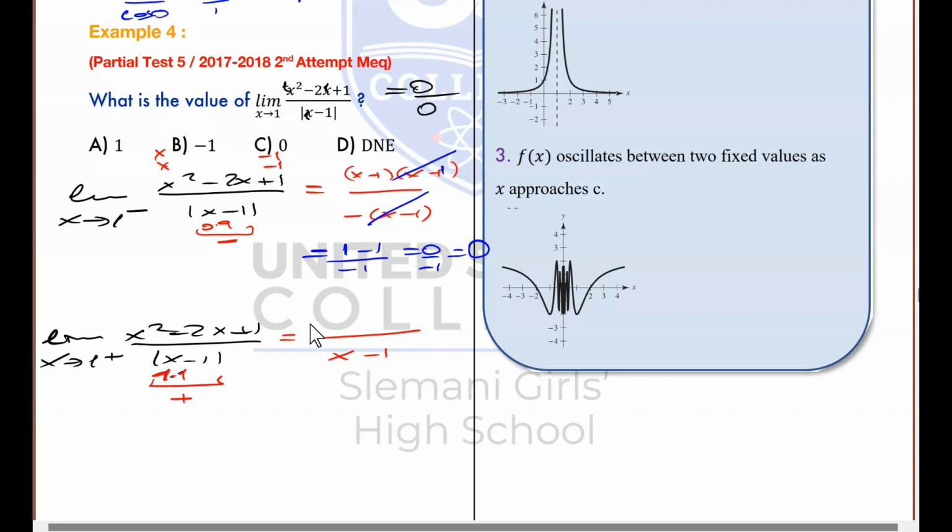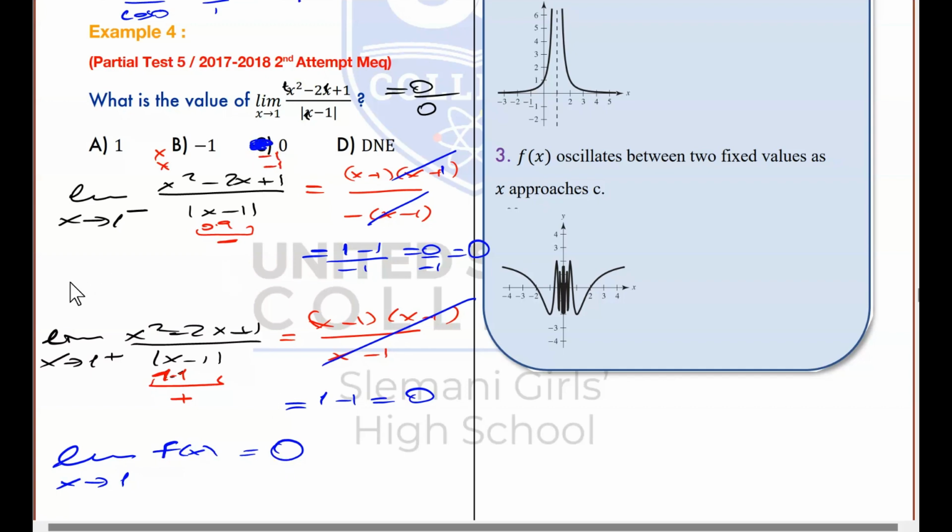And the factorization of this is x minus 1 times x minus 1, as I did above. X minus 1s will cancel each other. You will be left with x minus 1. So when you insert 1 for x, 1 minus 1, 0. So right side limit is same as left side limit. Then limit as x approaches 1 of the given function is also 0.